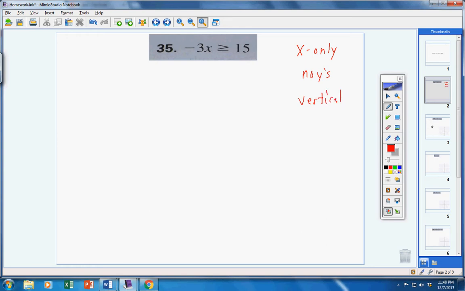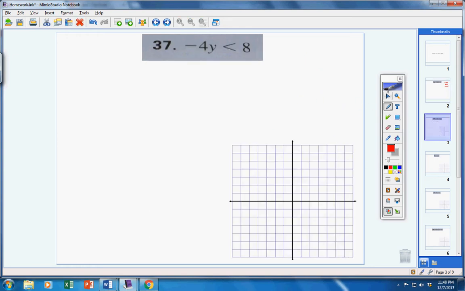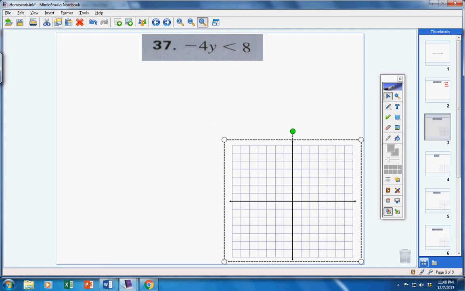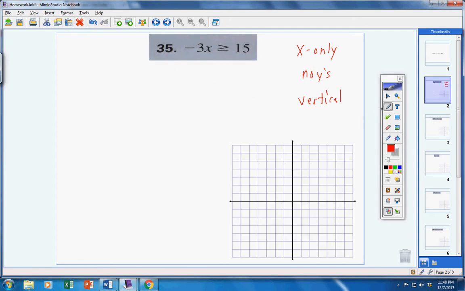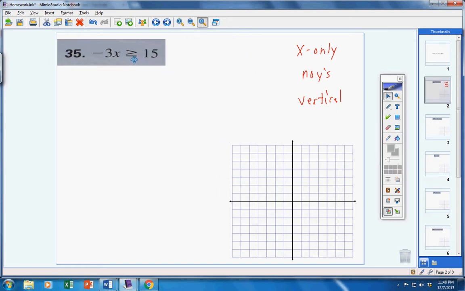Now having said that, the first thing we want to do is get x by itself. So divide both sides by a -3, and you know what, students?